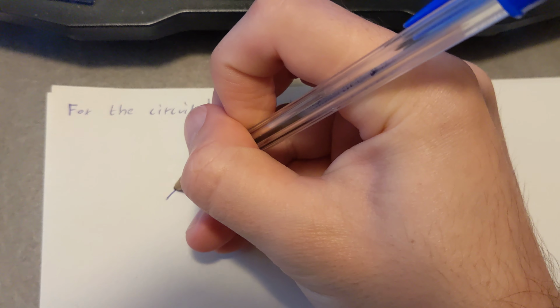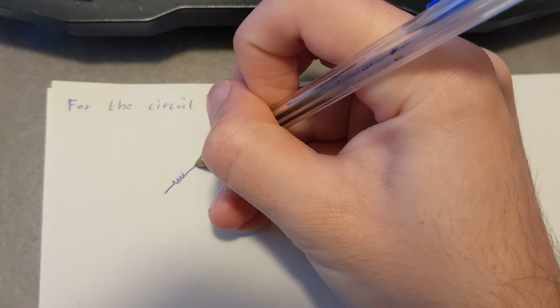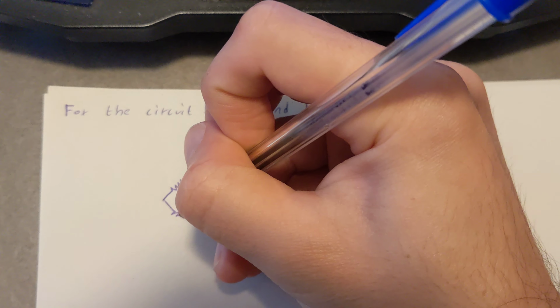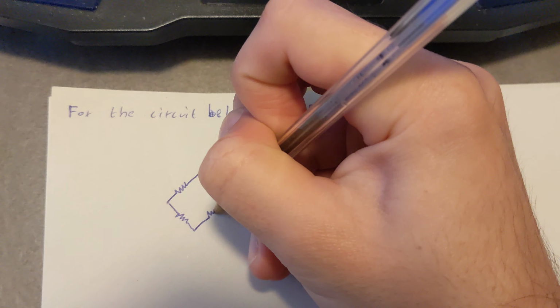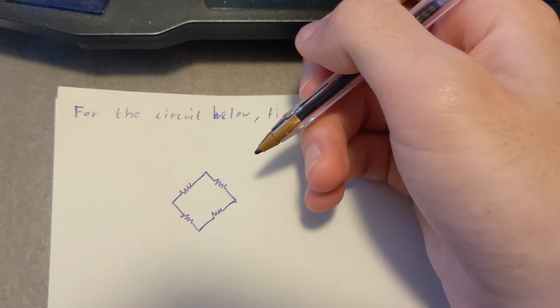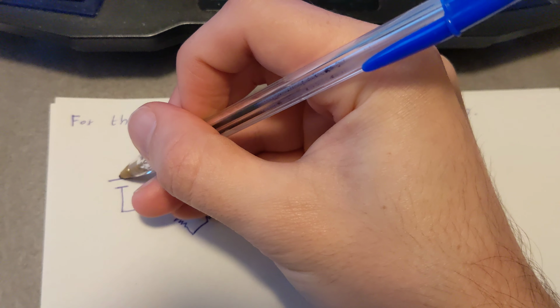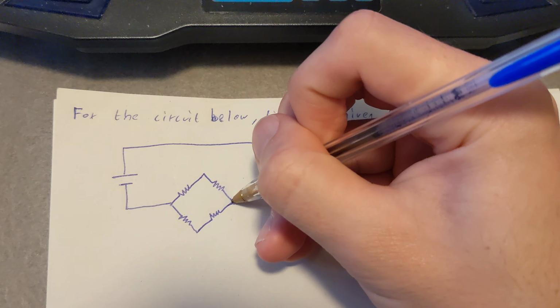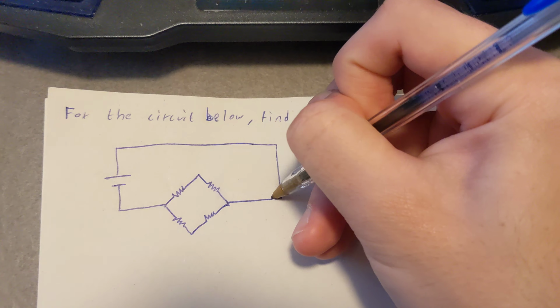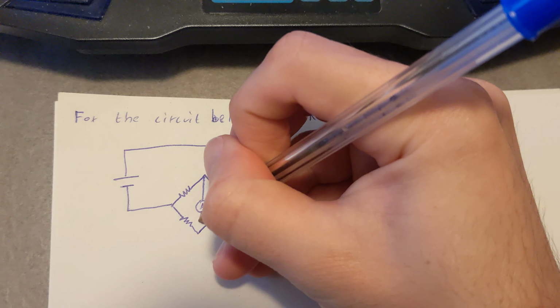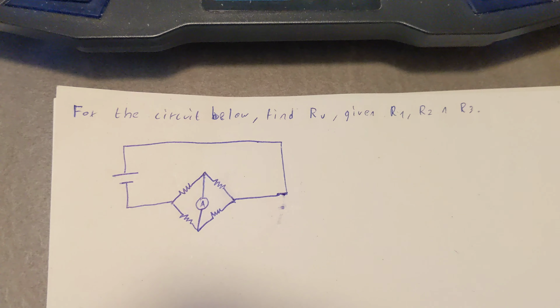We have the Wheatstone Bridge, which is done like so, putting those resistances, and we have a voltage supply here, voltage source, and nothing in between, and a meter here, just like that.